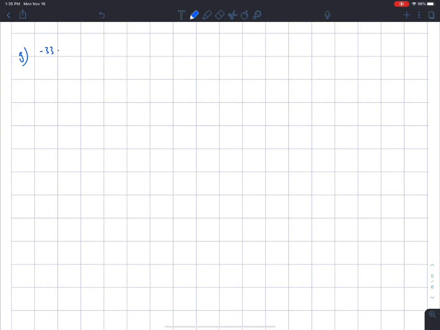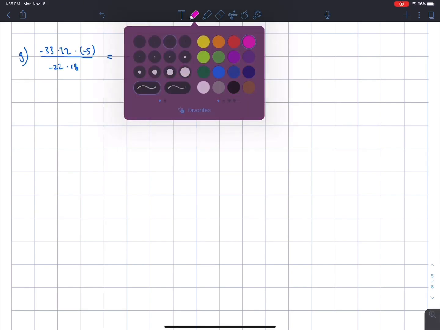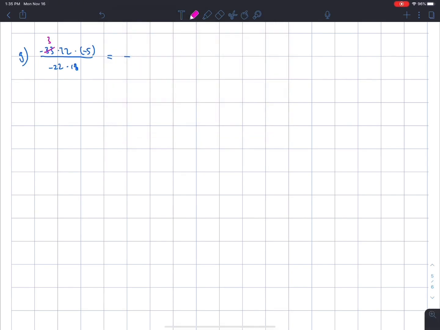Negative 33 times 72 times negative 5 over negative 22 times 18. So we have 3 negatives, so answer will be negative. I can divide 33 by 11 to get 3, 22 by 11 to get 2.